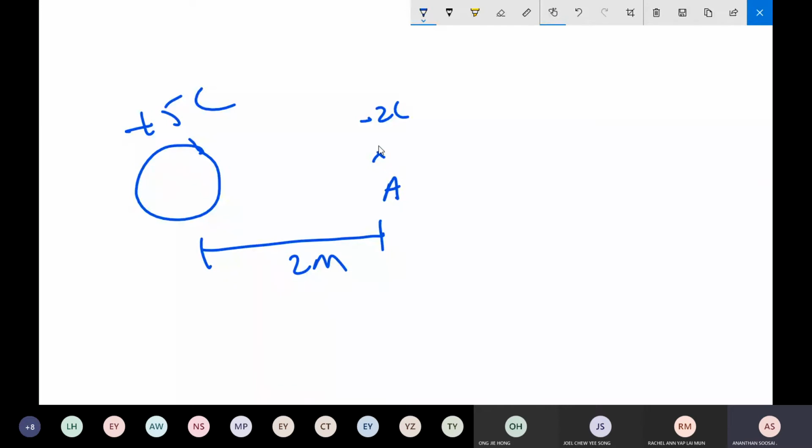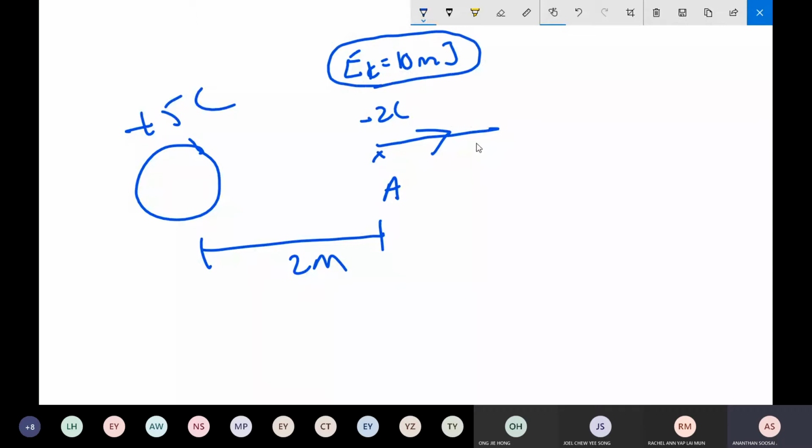The negative 2 coulomb charge is fired with an initial kinetic energy of, let's say, 10 millijoule. So the negative 2 coulomb charge is fired away from the positive 5 coulomb charge, possessing 10 millijoule of kinetic energy.